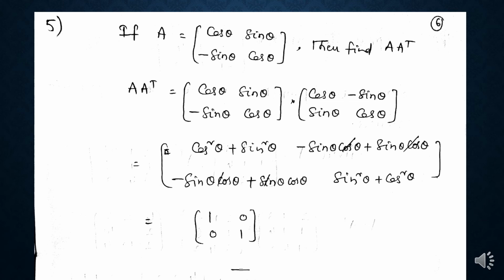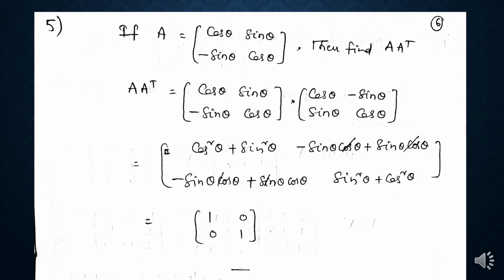So A into A transpose, by multiplying this matrix with this matrix, what we will get? First row, first column: cos theta into cos theta, cos square theta, plus sin theta into sin theta, plus sin square theta. First row, second column: cos theta into minus sin theta, minus sin theta cos theta, plus sin theta into cos theta.